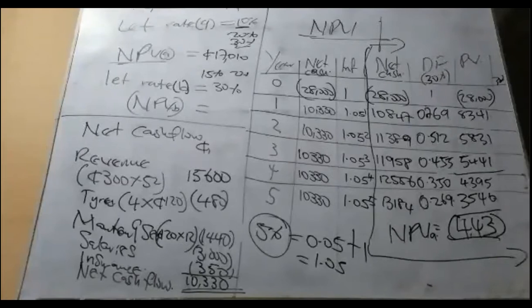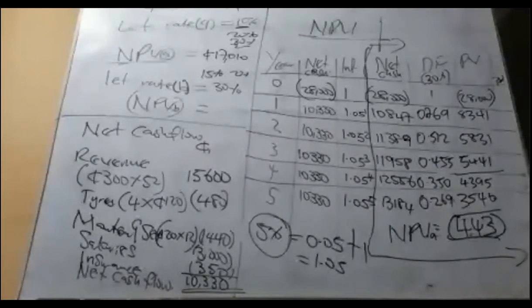Okay, I think it's true. So in year 3, 3440. Perfect. So 440.